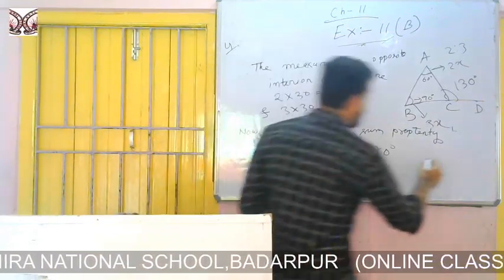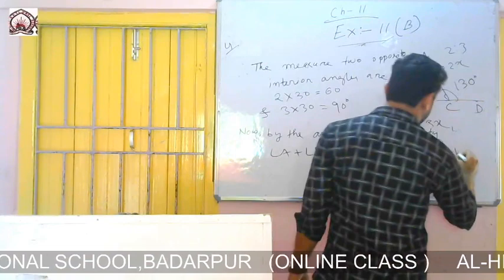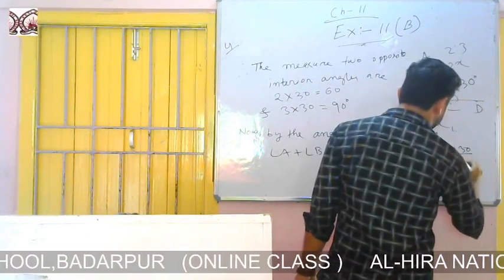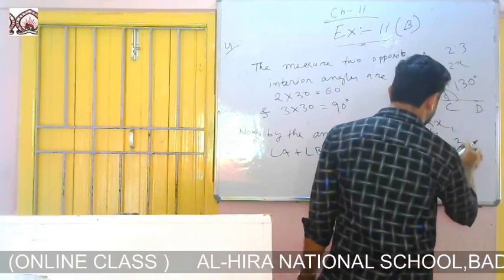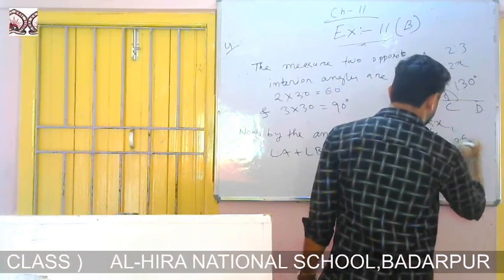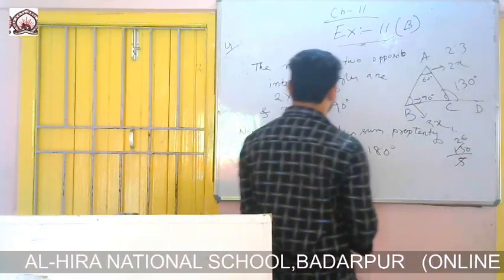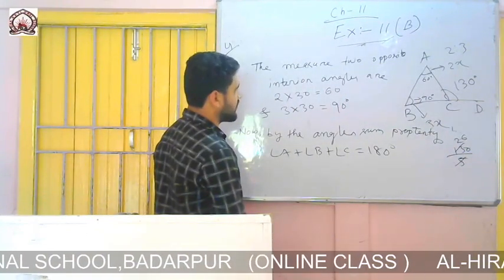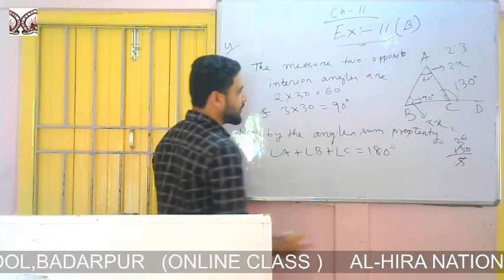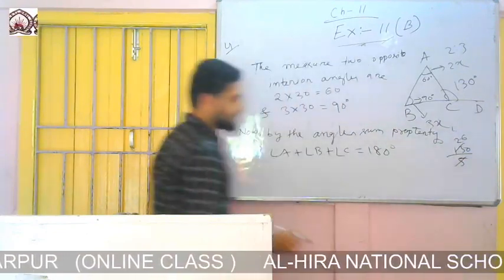To the 10, but remain 130. If I divide by 5, then I will get what? Oh, what we got? 26.